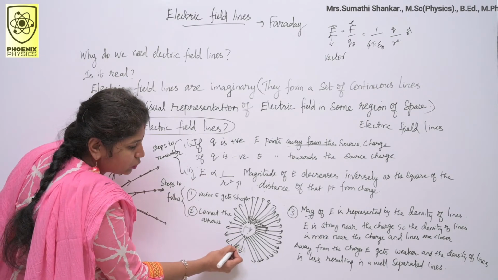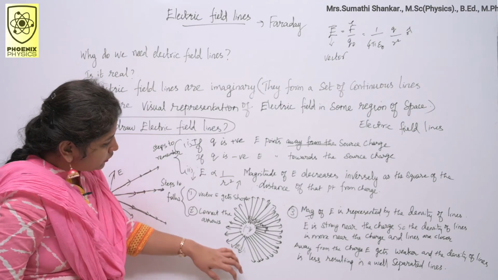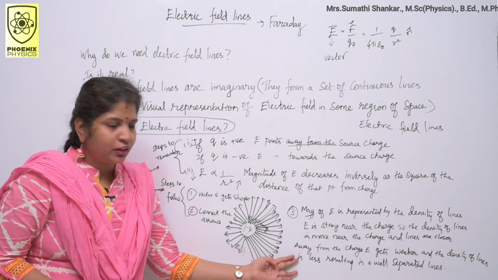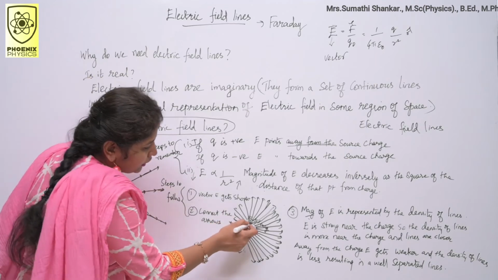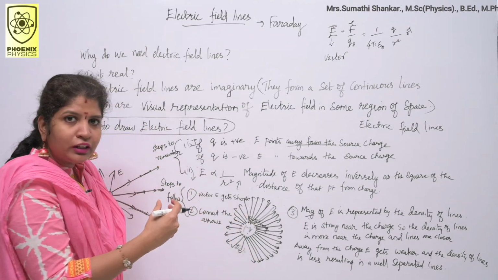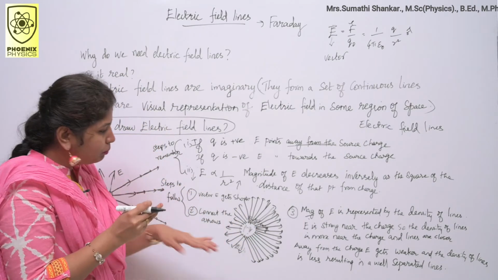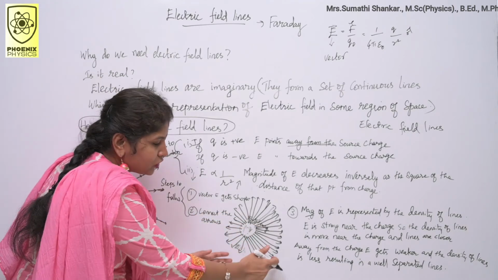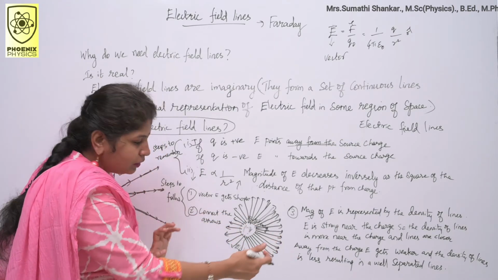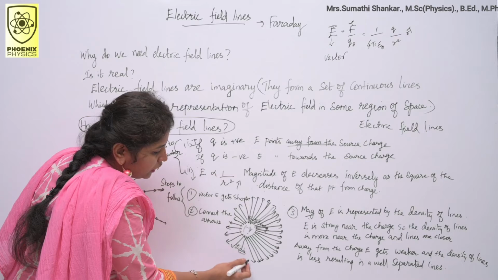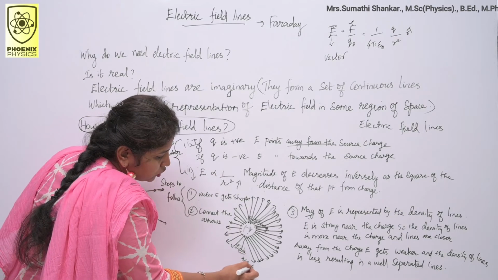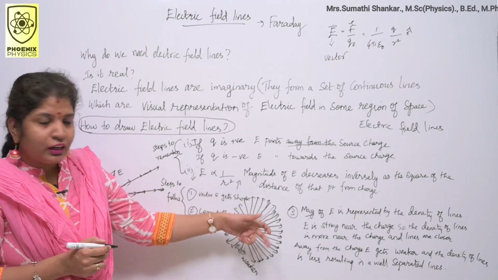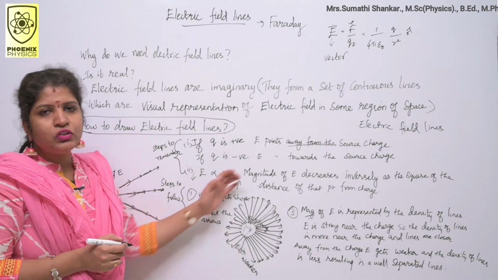Here E gets weaker. That is why we are seeing well separated lines. Near the charge we are seeing closer lines because E is stronger in this region. Here we are seeing well separated lines because E is weaker. So the strength or magnitude of E depends on the density of the lines.